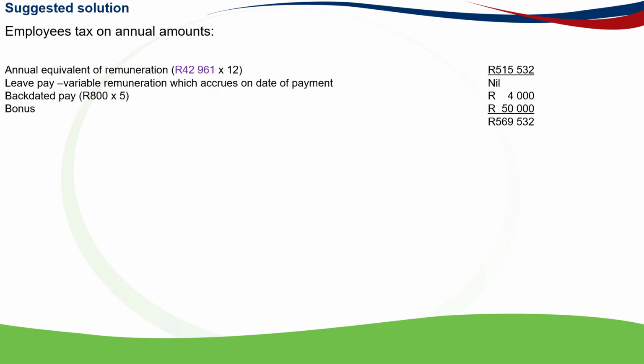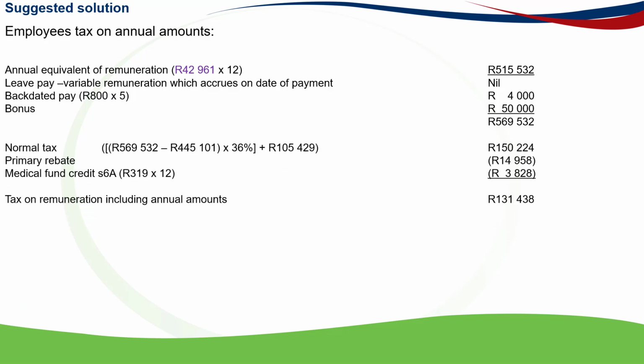The normal tax on this amount of 569,532 less the rebate and medical credits, similar to the first calculation, will result in an amount of 131,438. So this will be the tax on remuneration, including the annual or variable amounts.